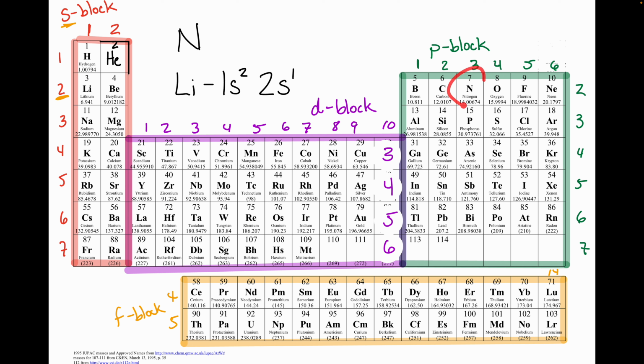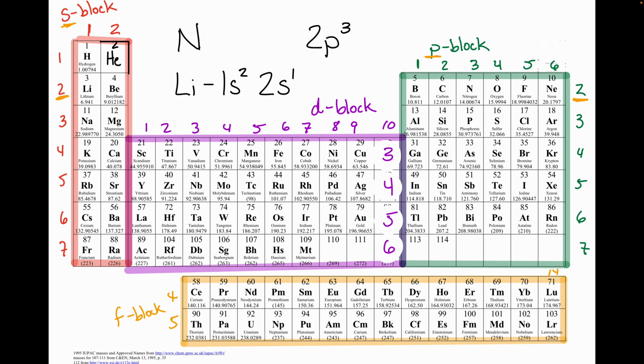All right, so nitrogen, it's here in this 2p row. So my last orbital is that 2p. And how many electrons are in that 2p orbital? My column number, 3. But now we got to include everything that came before it. So what's everything that came before it?